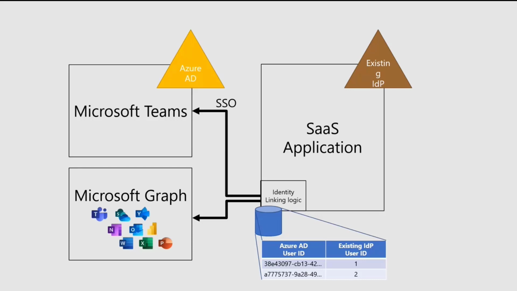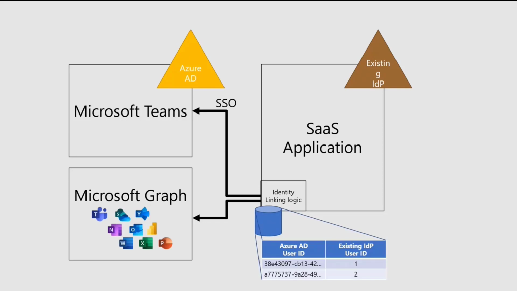In the demo that follows, it's a very simple little JSON-based database. We're going to put the Azure AD user IDs and the SaaS application's user IDs into a table, so that when a user logs into Teams with single sign-on, instead of making the user log in again, we do our authorization based on the linked identity.